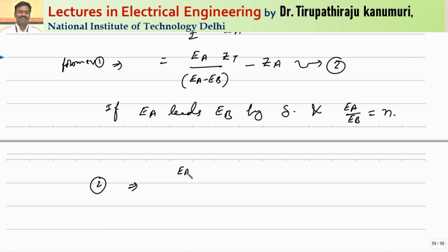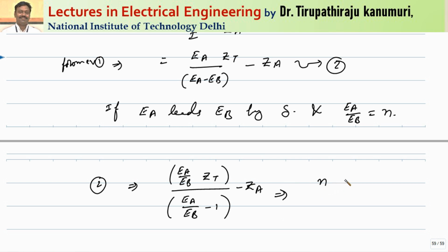So this will become equal to EA by EB times ZT divided by EA by EB minus 1. Getting this? I have taken EB as common and brought it to the numerator. So this will be multiplied by ZT minus ZA. Equation number 2 becomes like this, and this is equal to EA divided by EB, which I have represented by N.